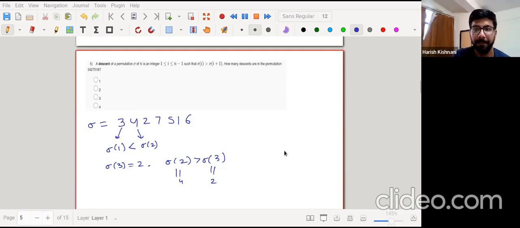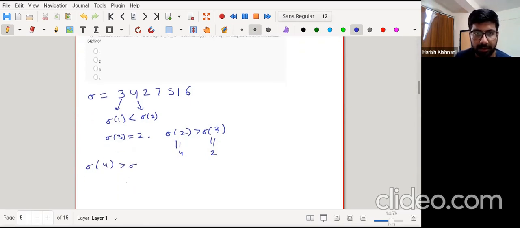So that's it. There are no more descents. Sigma of 4 is greater than sigma 3. Okay, and sigma of 5. Oh, I'm making these mistakes again.